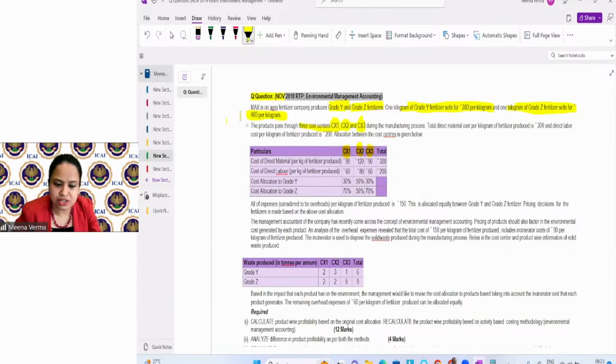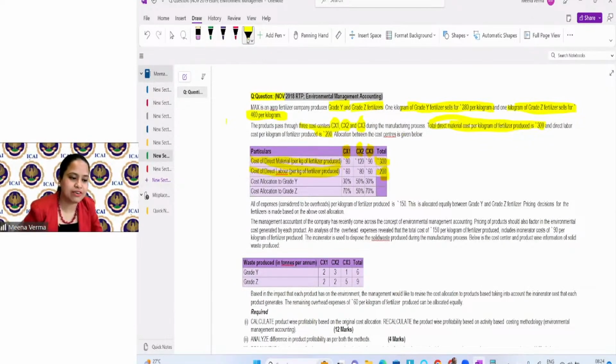The direct material cost per kg of fertilizer produced is 300, and the labor cost is 200, which is mentioned here. 300 is the direct material cost and 200 is the direct labor cost.